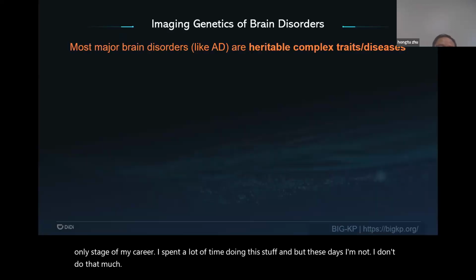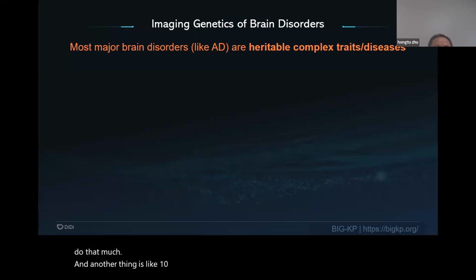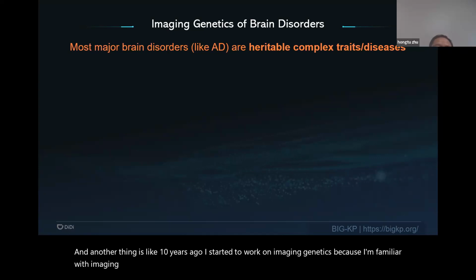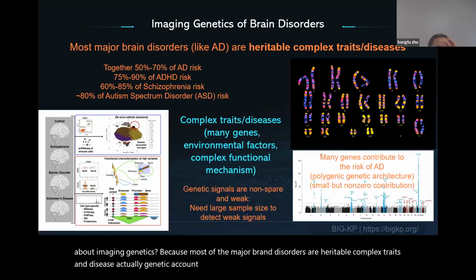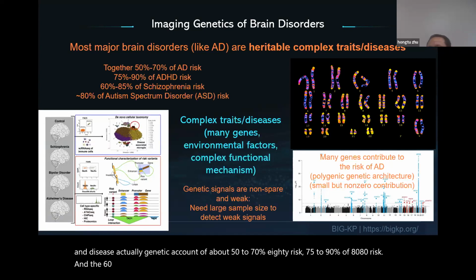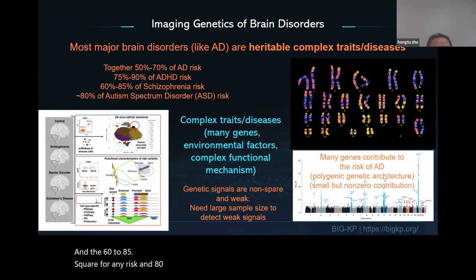Another thing is that 10 years ago I started to work on imaging genetics, because I'm familiar with imaging and also learned something from genetics. Why do I care about imaging genetics? Because most major brain disorders are heritable, complex traits and diseases. Genetics accounts for about 50 to 70% of AD risk, 75 to 90% of ASD risk, 60 to 85% of schizophrenia risk, and 80% of ASD risk.